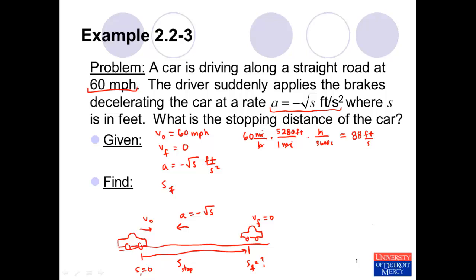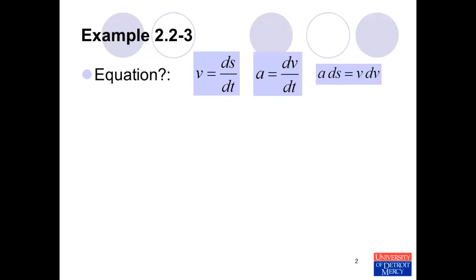Once we've understood the problem and written down the givens and the unknowns, we then perform a solution. In essence, we try to connect what's given to what's unknown. In these rectilinear kinematics problems, these are the 3 basic equations that we're going to use. If you recall, we have acceleration as a function of s.